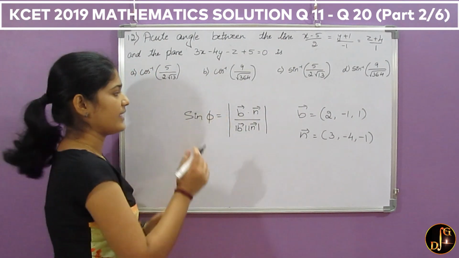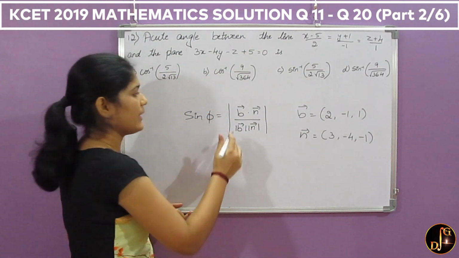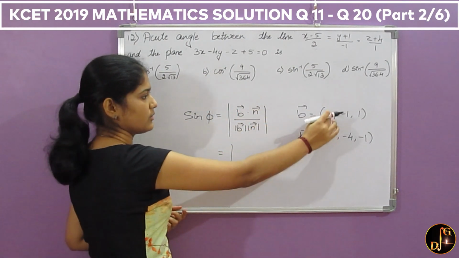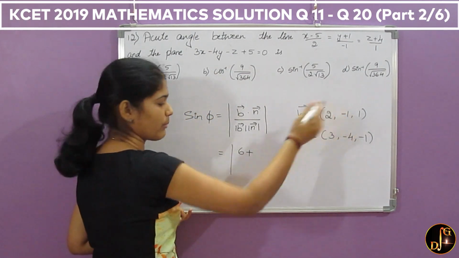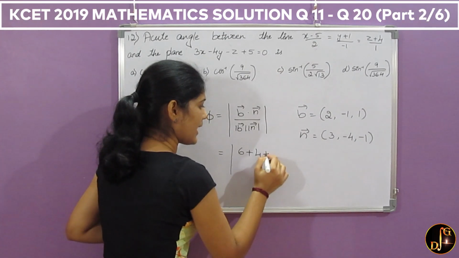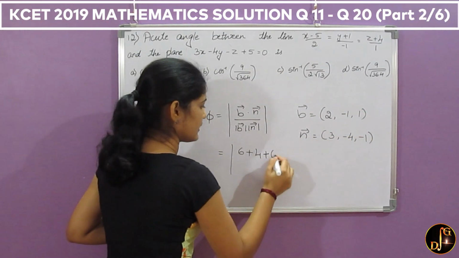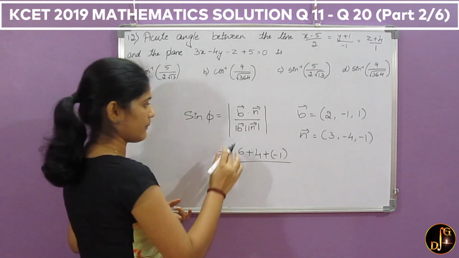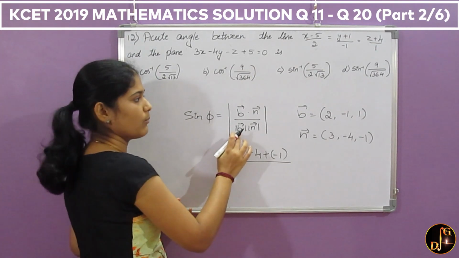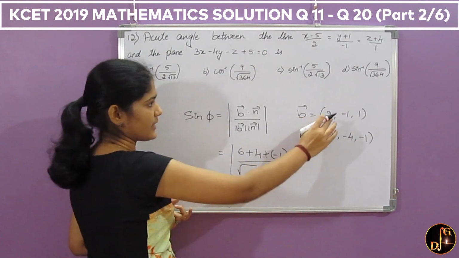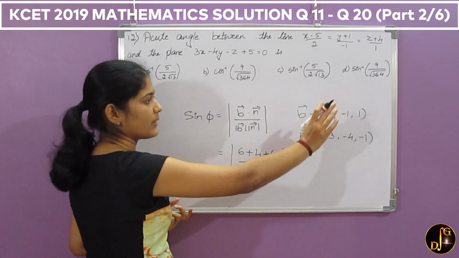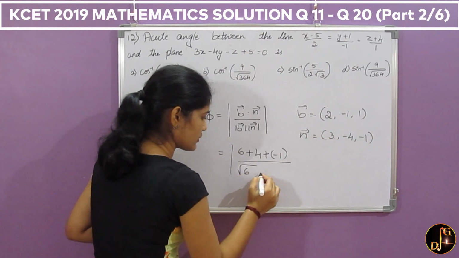Now let's find sin phi. b dot n means 2 into 3, 6, plus minus 1 into minus 4, 4, plus 1 into minus 1, that is minus 1, divided by modulus of b into modulus of n. Modulus of b means square root of 2 square 4 plus 1 square 1 plus 1 square 1. So it is root 6.